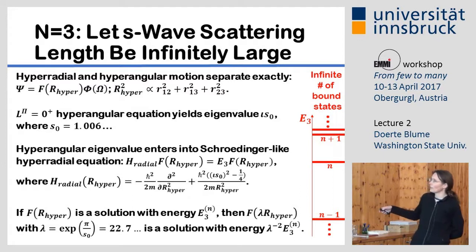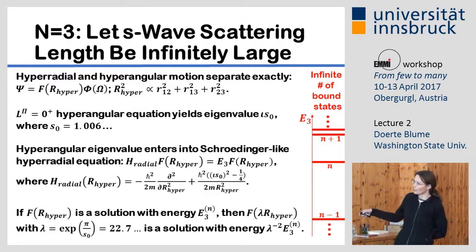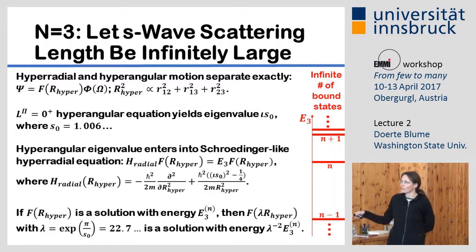This eigenvalue enters in the Schrödinger-like equation for the hyperradius. So we have the kinetic energy of the hyperradius, and then this effective potential in the hyperradial degree of freedom. You can see that if we square I times s_0, we actually get a negative sign.